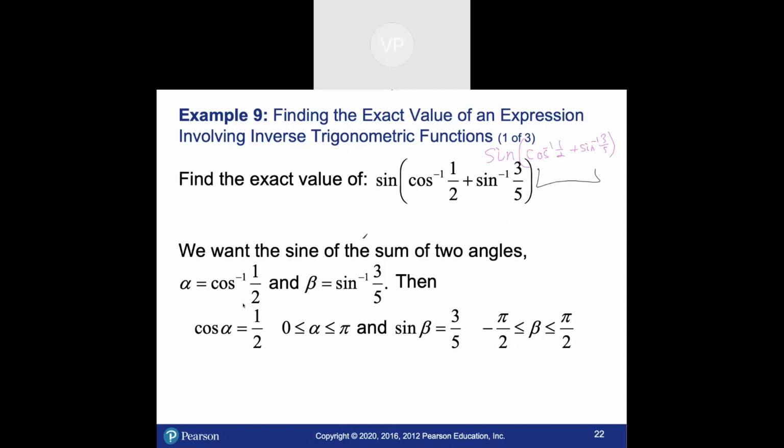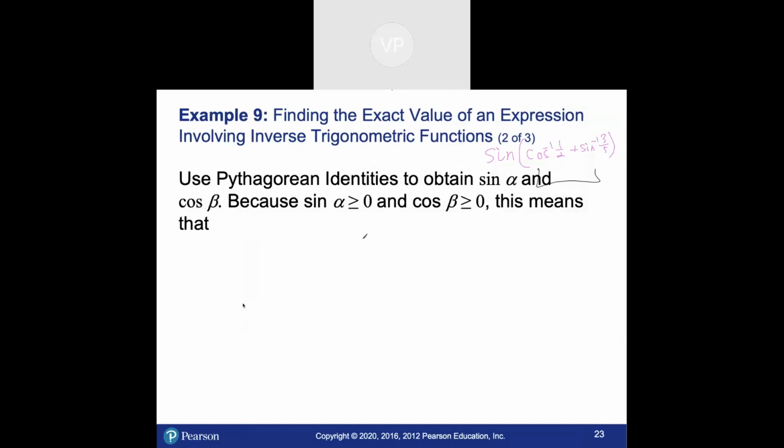So always assume they're different when you're figuring this out. So we have the alpha, as you recall, is the inverse cosine of a half. This means cosine of alpha is 1/2. And that's what I'm going to build the triangle on.